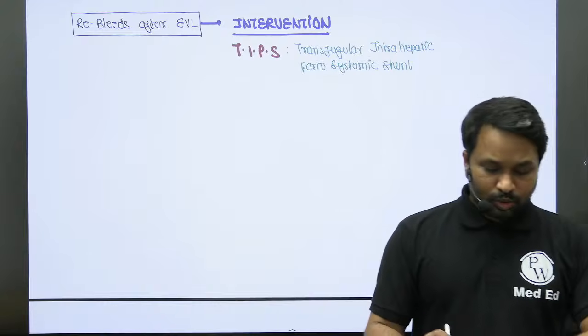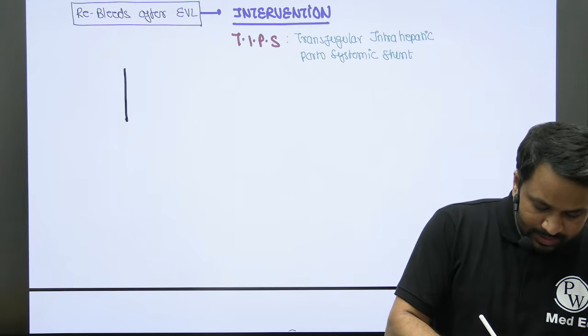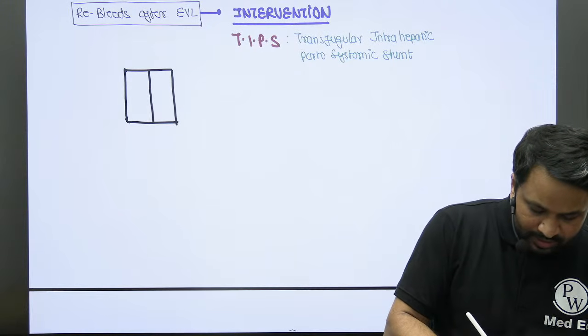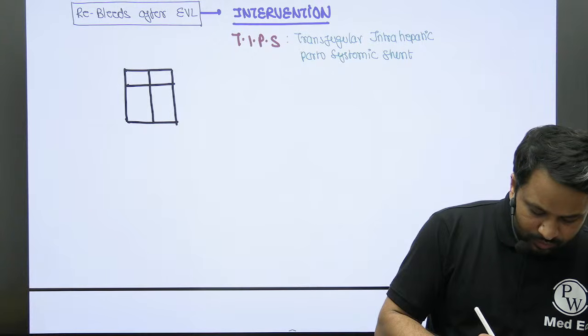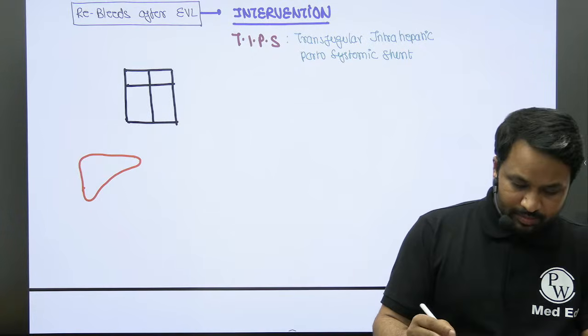Now, what do you do by TIPS? The basic objective of the TIPS: take this as a representation of the heart, which is divided into 4 chambers. Take this as a representation of the liver, where the problem, portal hypertension, is happening.